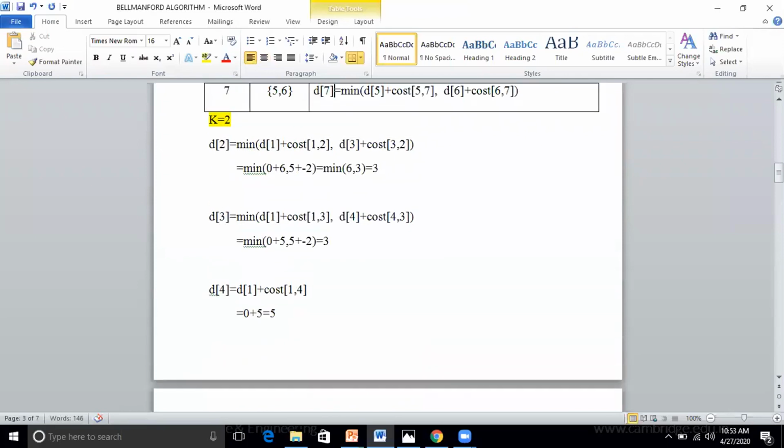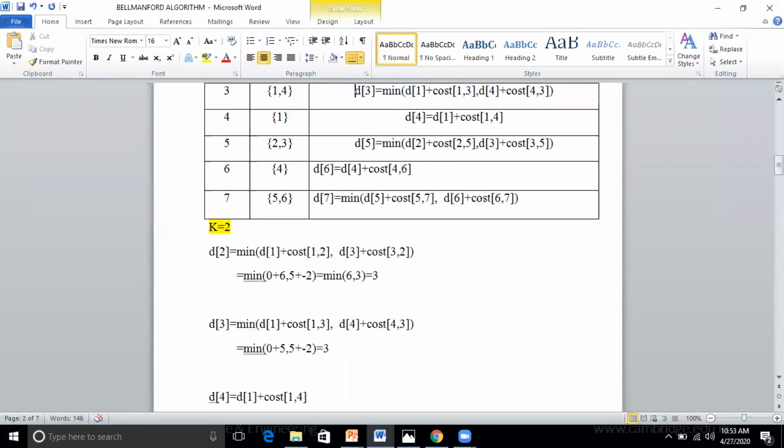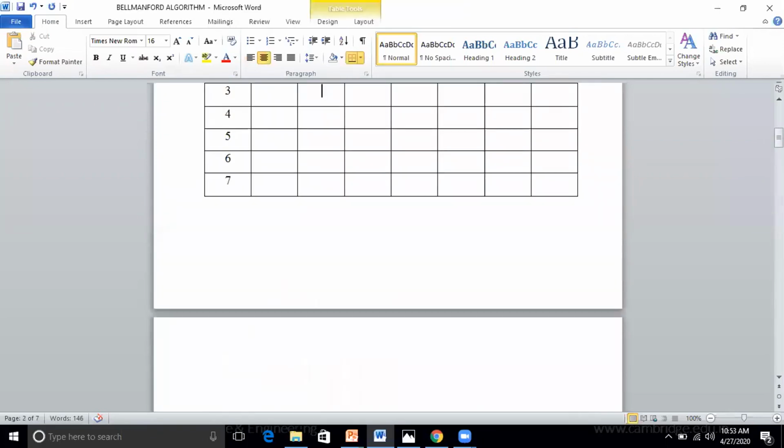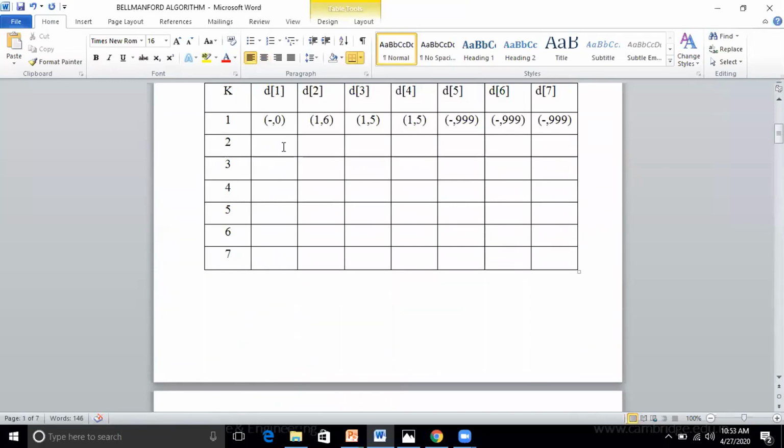So now can you all tell the values? What are all values we have got here? D of 2 as what? 3. Sir, for easy purpose, I'll write the direct values itself.